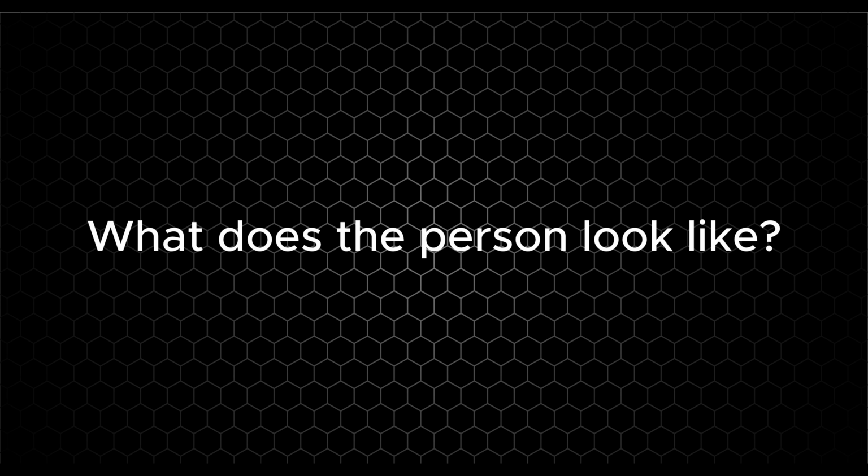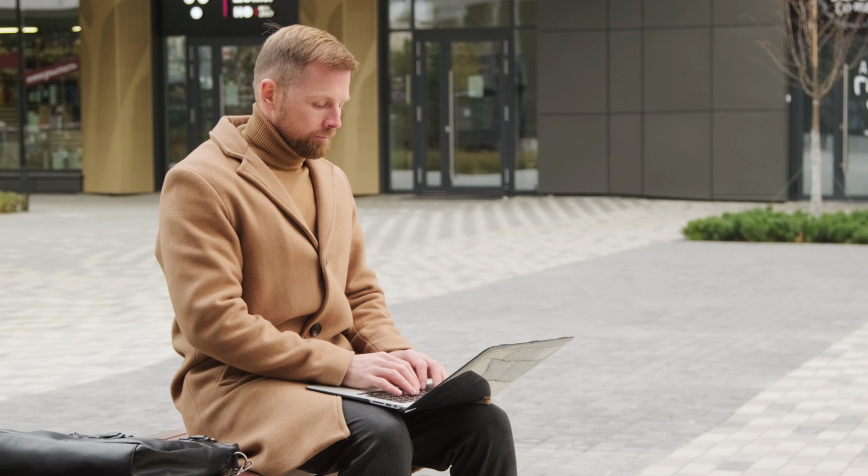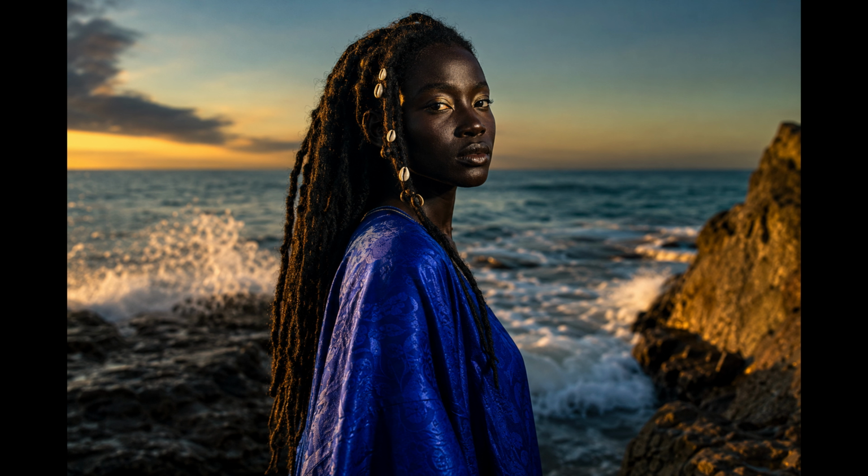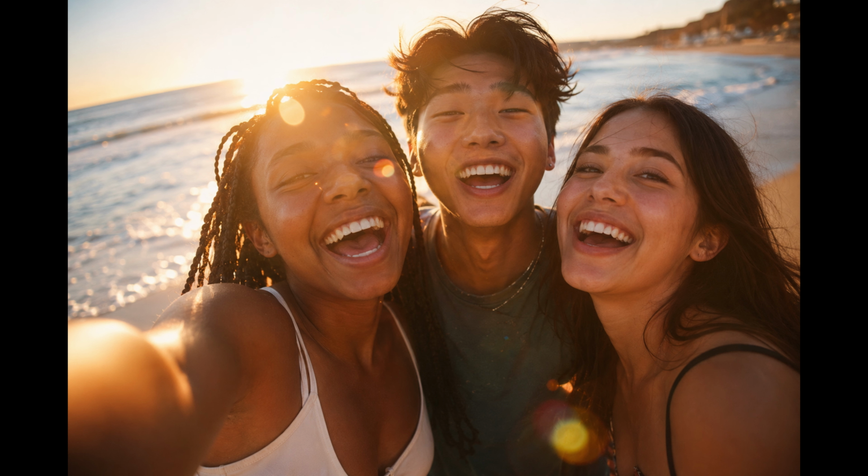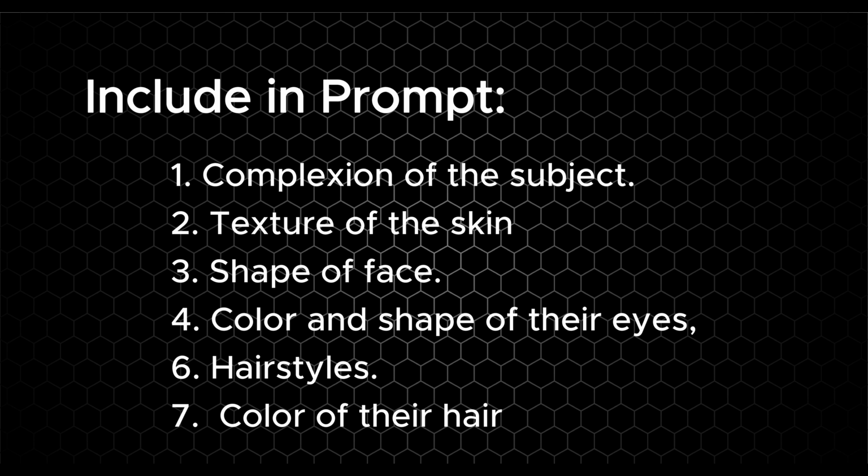Appearance. This answers the question, what does the person look like? This is where you describe the person's physical appearance. When crafting appearance in the prompt, you have to include the complexion and texture of the subject's skin, their shape of face, color and shape of their eyes, their hairstyle and the color of their hair, and other facial features.